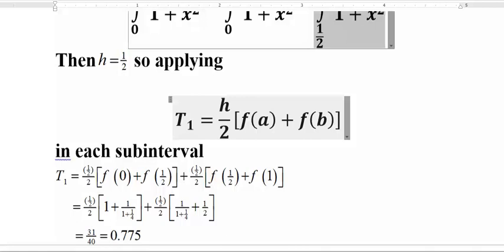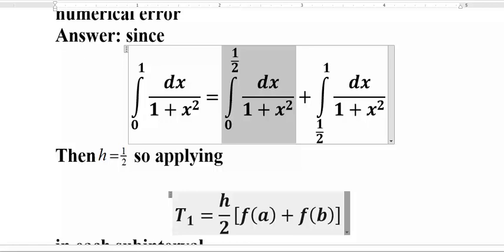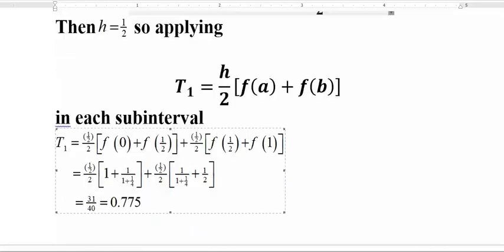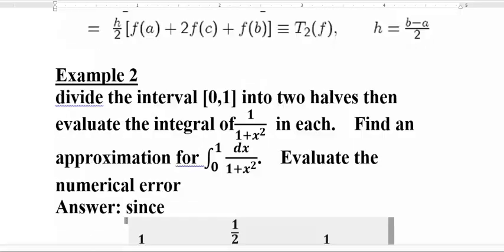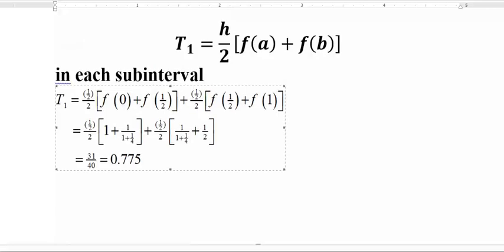For the first integration, h is half minus 0, and here h is 1 minus half, so h equals half. f of 0 is 1, f of half is 1 over 1 plus half squared, which is 1 over 1 plus 1 over 4, or 5 over 4.